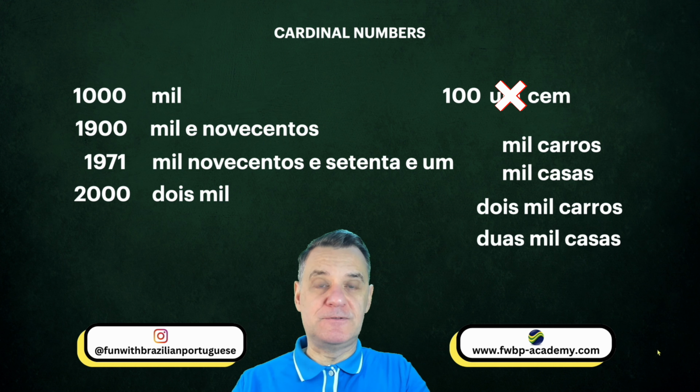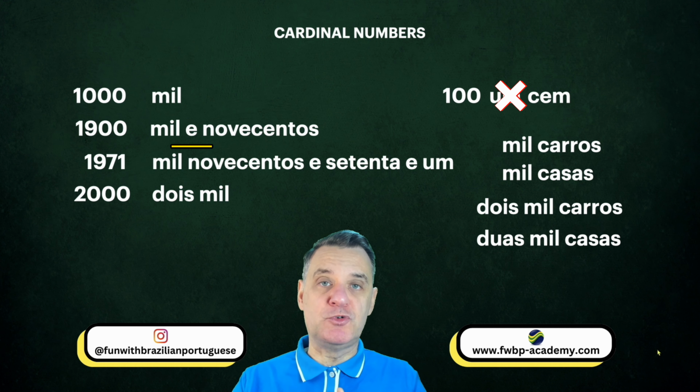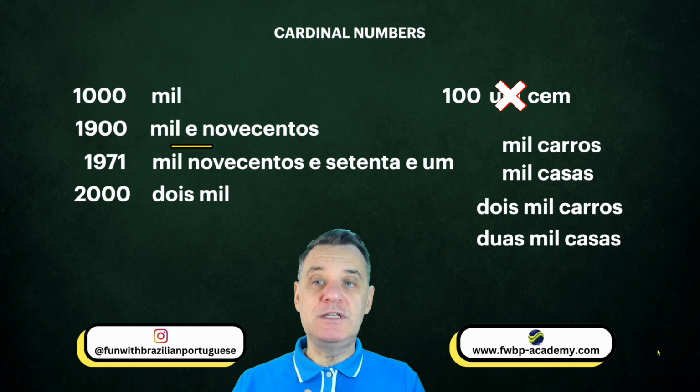Now I want to bring your attention to the E after mil. When we have mil followed by a round multiple of 100, we need to add the E after mil. The E means and. So literally, 1900 is mil e novecentos.